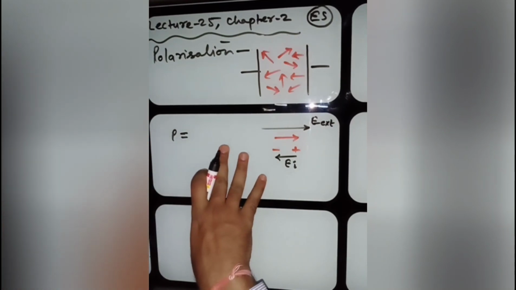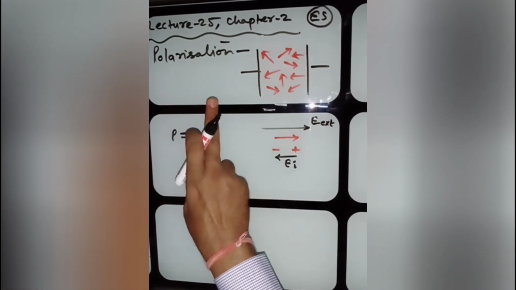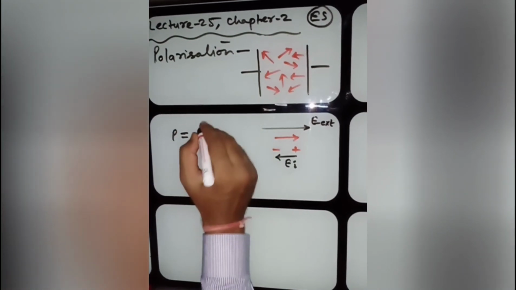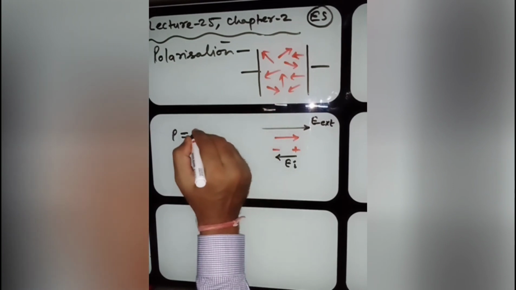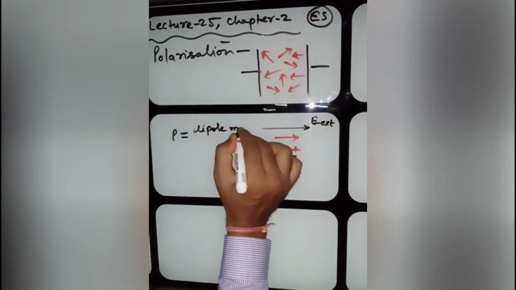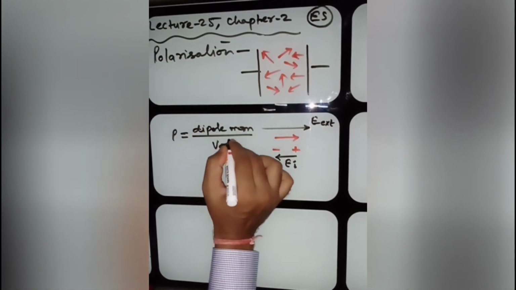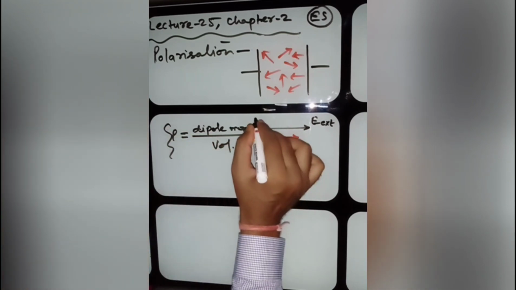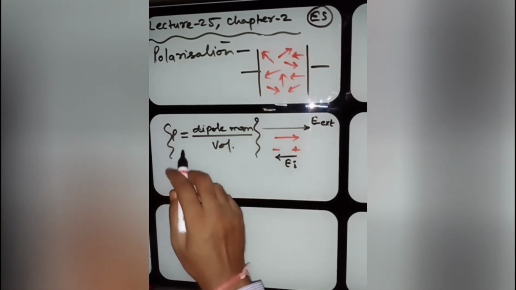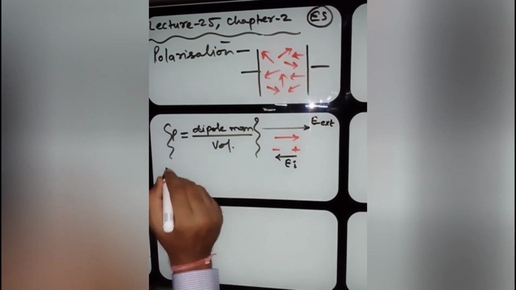So mathematically, it is defined as the net dipole moment per unit volume, and this is the polarization.